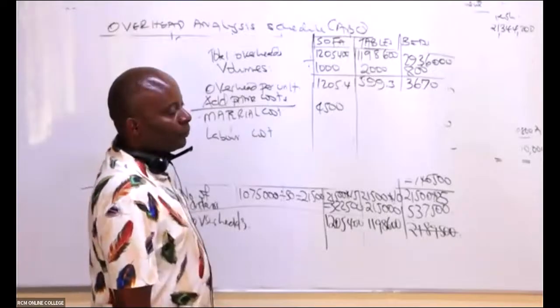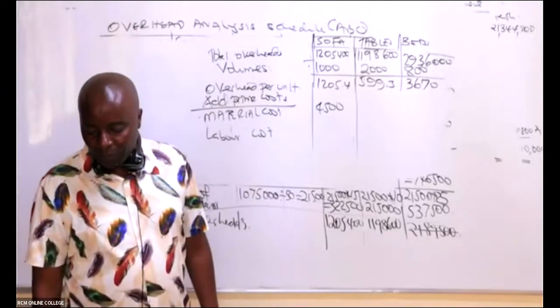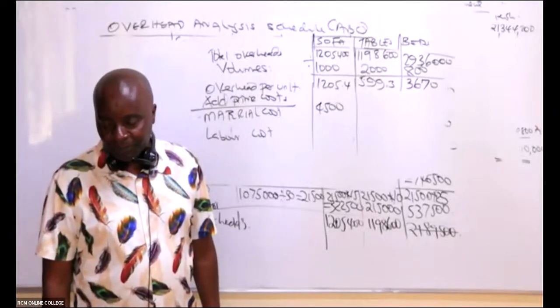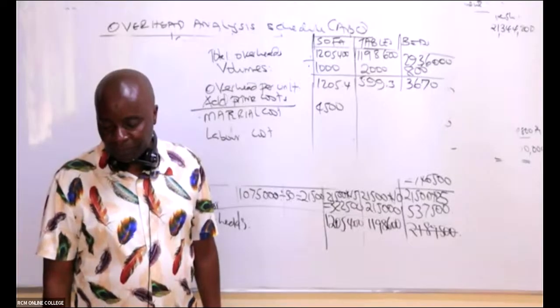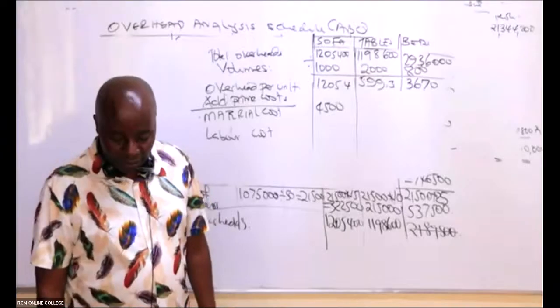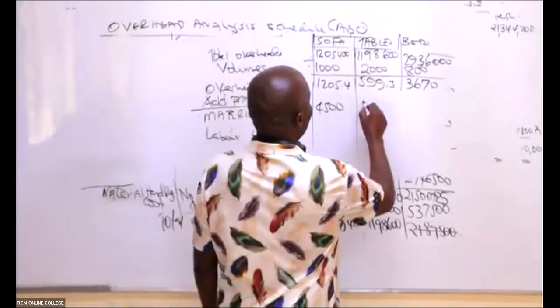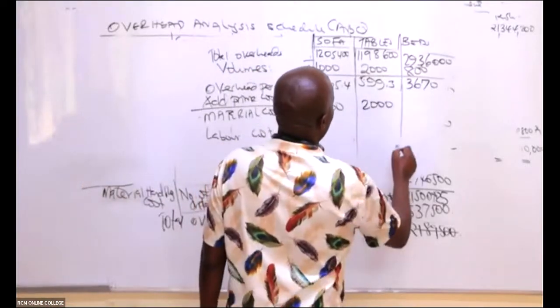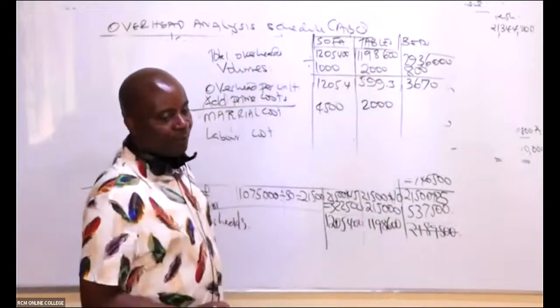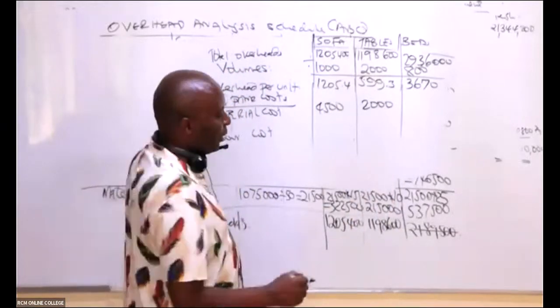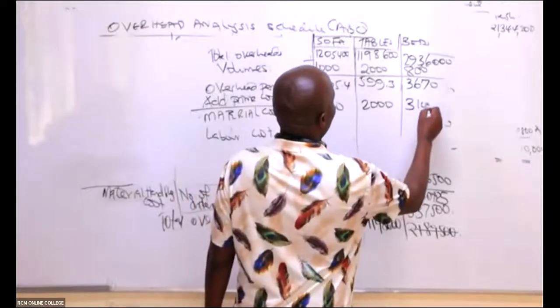Tables. Tables 2,000, right? And then beds, 3,100. Thank you so much.